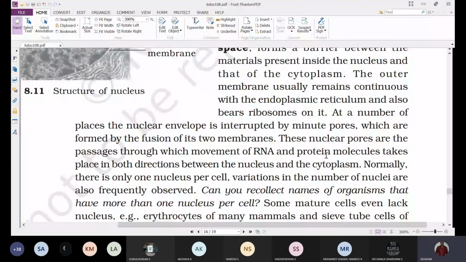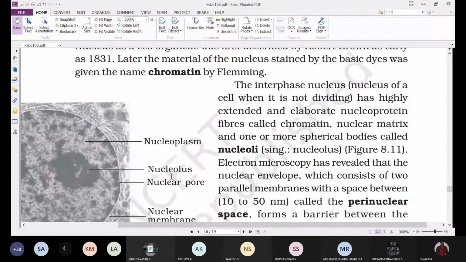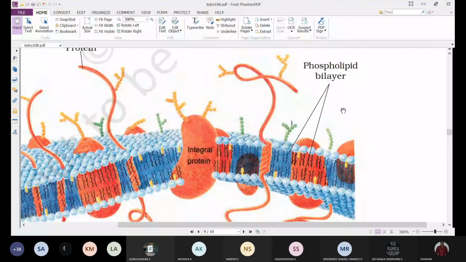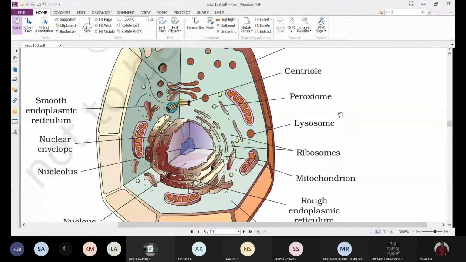So when you observe the nucleus, here we can see the nucleus.